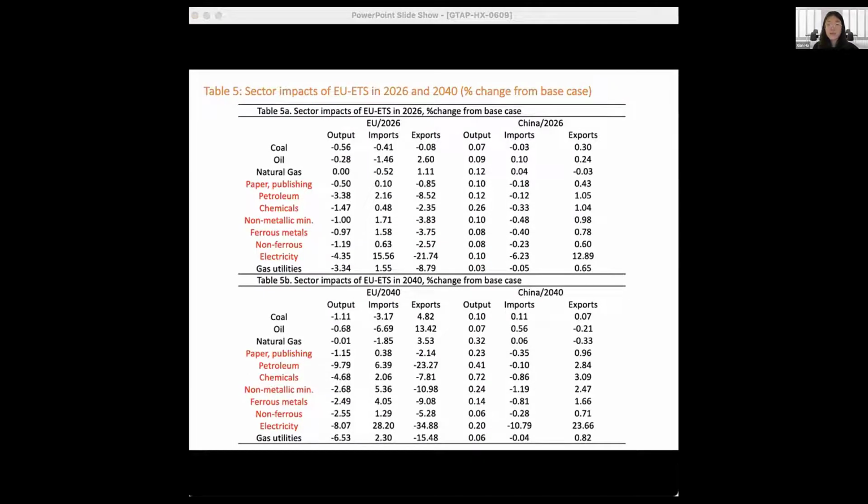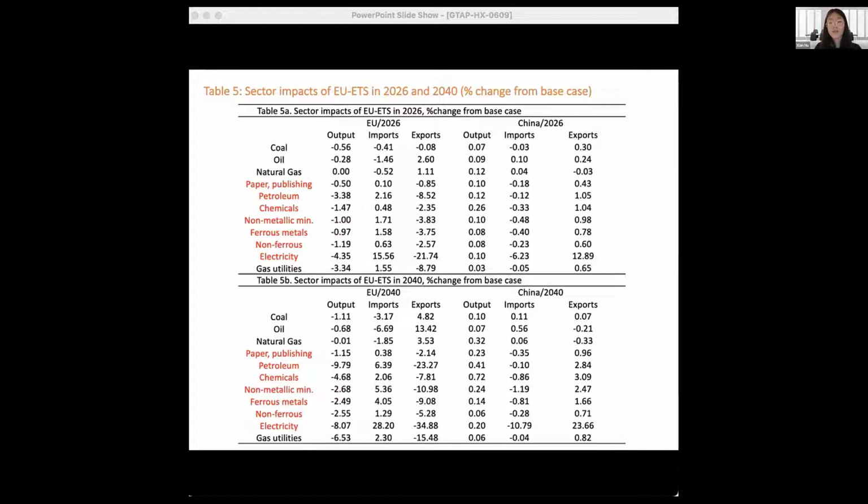This table gives us the changes in sector output and trade for the EU and China. I marked in red the ETS sectors, and you can see the higher cost of production in ETS sectors raises their price.